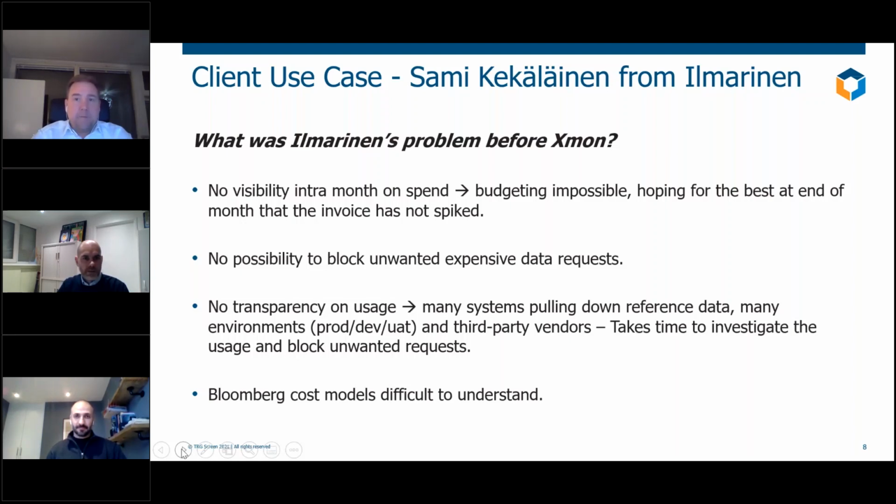We didn't have any possibilities or tools to block unwanted expensive data requests, like in Bloomberg's case, historical data is really expensive. We didn't have any tools or any possibilities to block them or control them before Xmon.